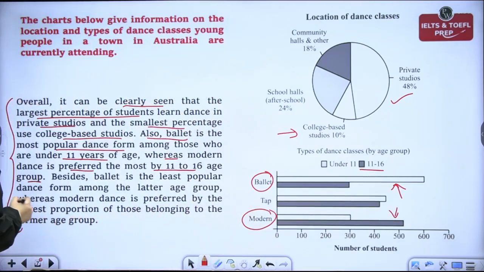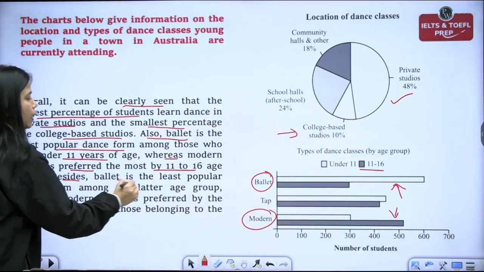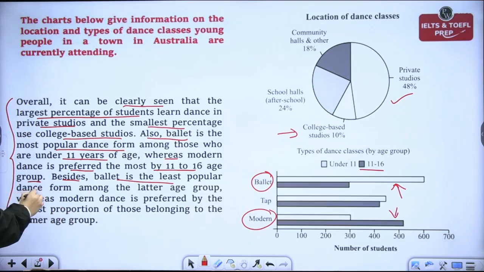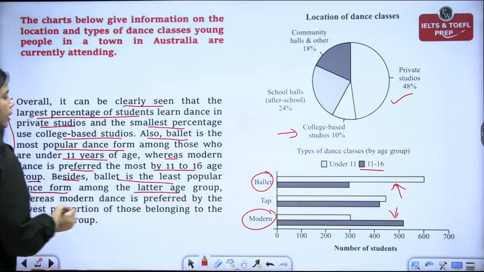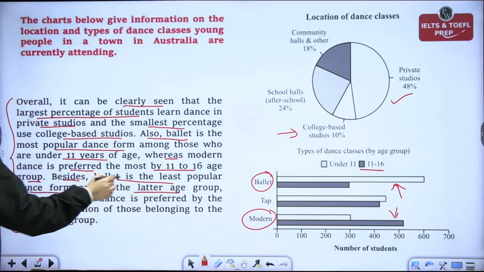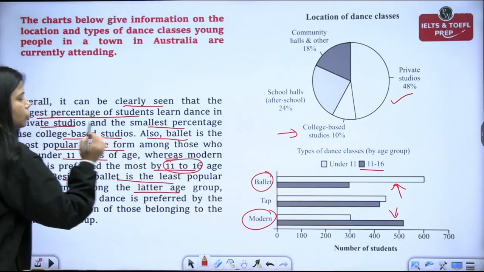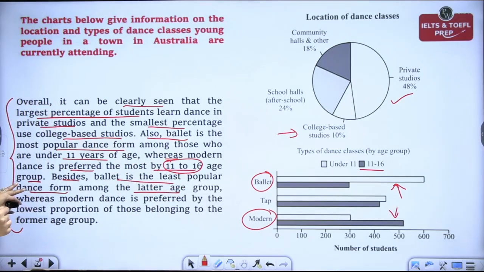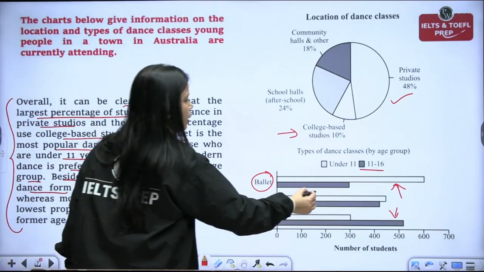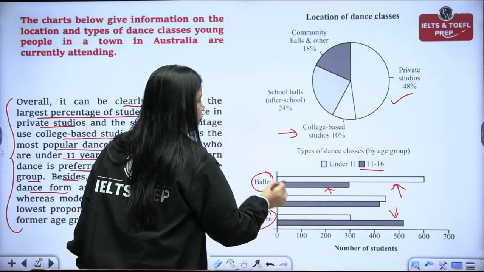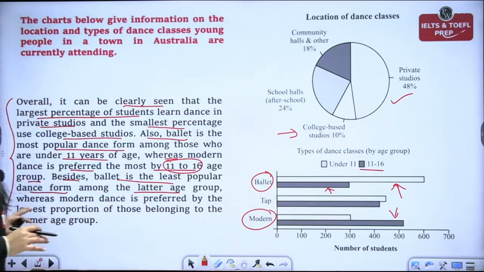And then I'm saying besides, ballet is the least popular dance form among the latter age group. Latter means the later one, that is the 11 to 16 age group, in which ballet is the least popular. So if you see 11 to 16, they prefer ballet the least.